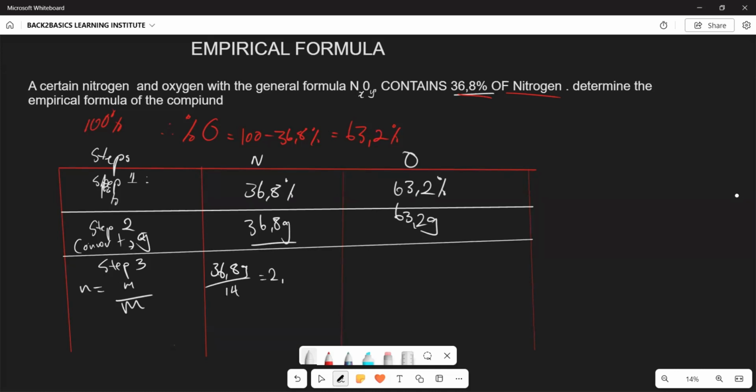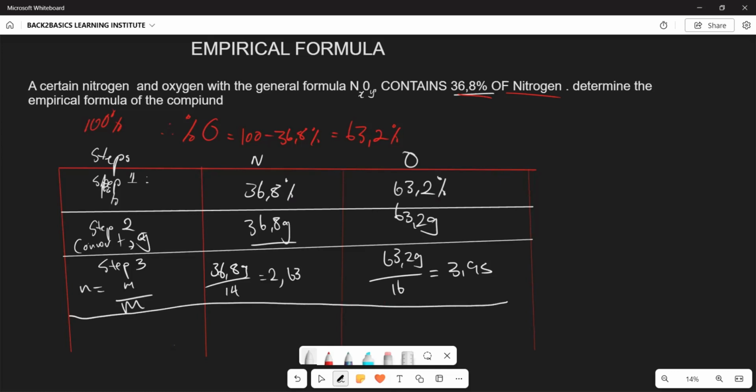It is going to be 2.63. This is the mole that you're going to find. And on this side, this is 63.2 grams, divided by the molar mass, which is 16. Therefore, the solution you're going to get there is 3.95, right? So this is what you're going to find. Now, let's continue after that.